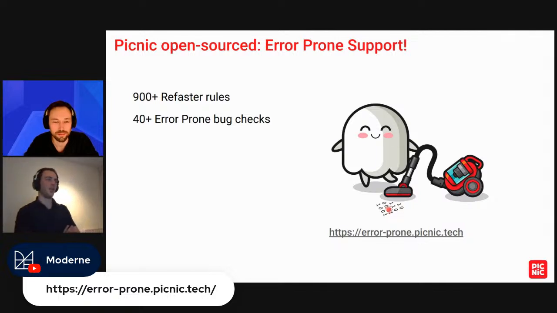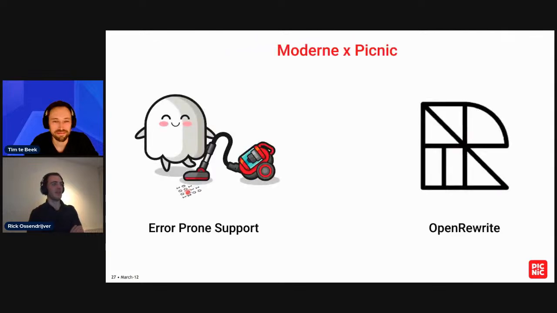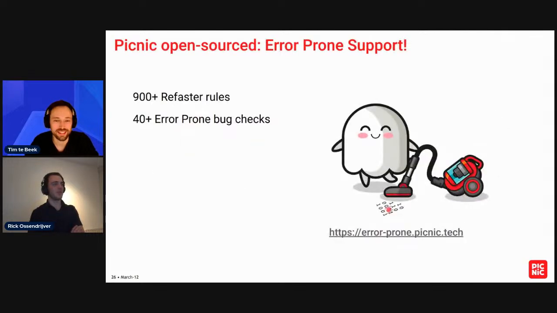And then a little over a year ago, we open sourced this repository, and there are over 900 Refaster rules and 40 ErrorProne bug checks in there. And I see the link was shown as well. Nice. Not sure if I want to say anything more about that.